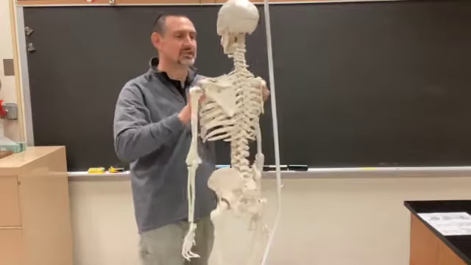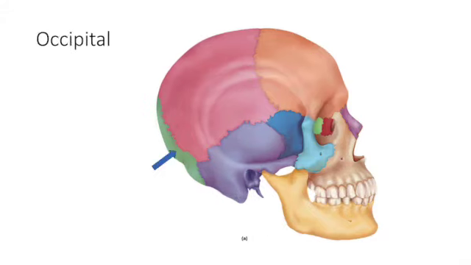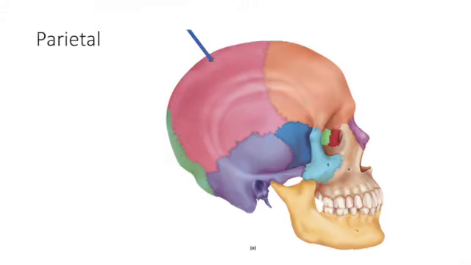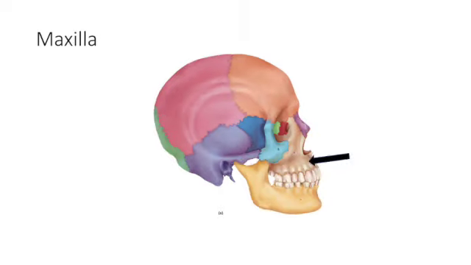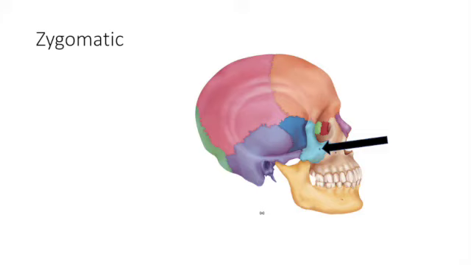So let's incorporate those. Here in the front, we have the frontal, eyes in the back of your head, occipital. If you have a headache, you rub the temporal. At the top are a pair of parietal. Movable mandible, mustache, maxilla. If you're crying, it's the lacrimal. If you're smiling, it's the zygomatic. The nasal bones make up your nose.